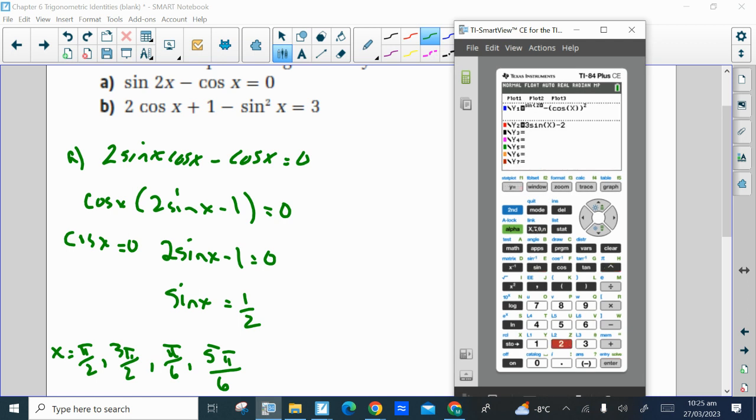If we check them graphically, sine 2x, whoops, let me clear that, sine 2x minus cosine of x should equal 0, which means we're going to be looking for the x-intercepts of this graph.